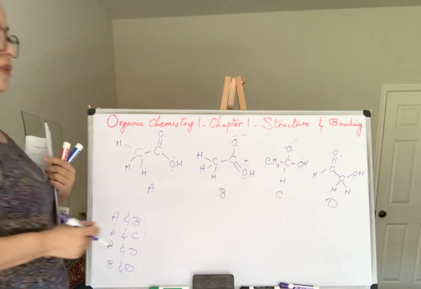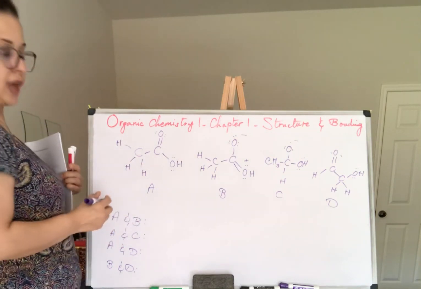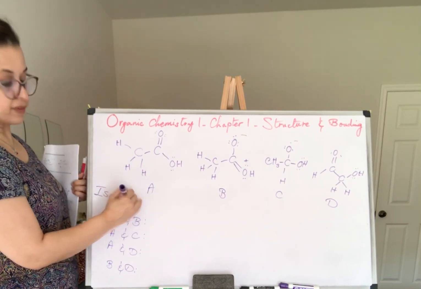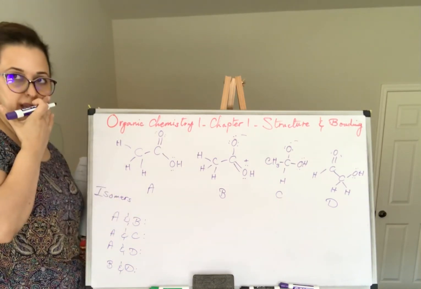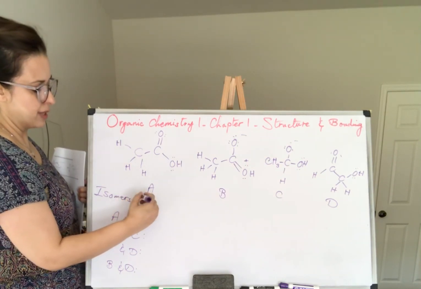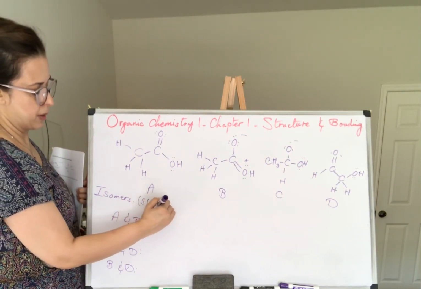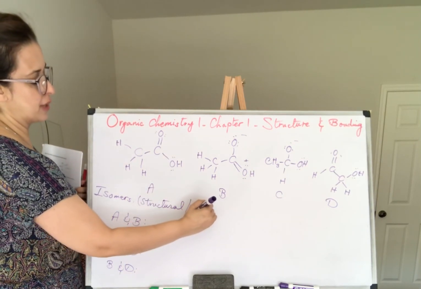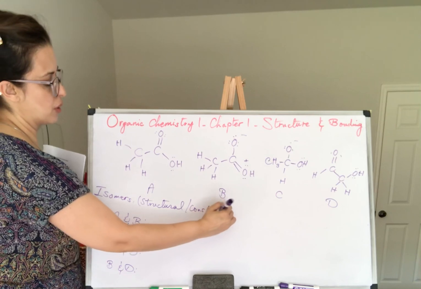We need to find out if they are isomers, resonance structures, or neither. Do you remember from general chemistry 2 what isomers are? There are different types of isomers, and we will learn about them, but at this point we are talking about structural isomers, another name for which is constitutional.